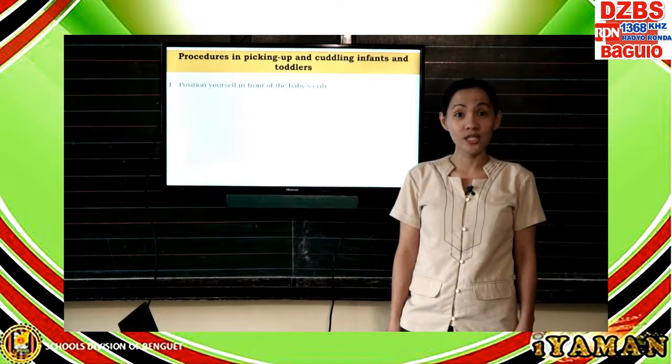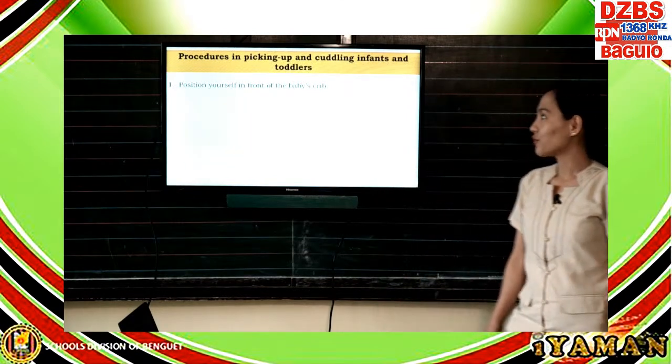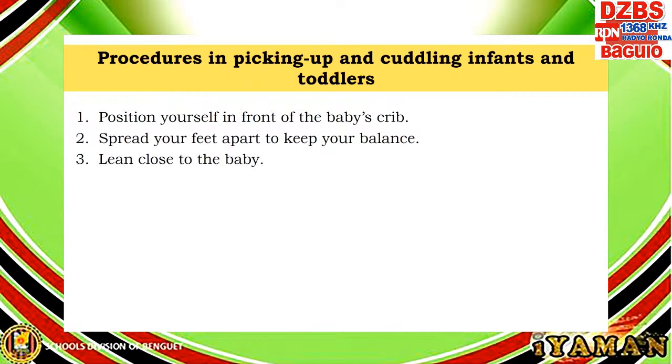Here are the procedures in picking up and cuddling infants and toddlers. First, position yourself in front of the baby's crib. Next, spread your feet apart to keep your balance. Third, lean close to the baby. Fourth, bend your knees as you lean over the baby.